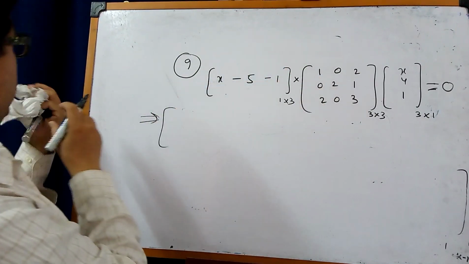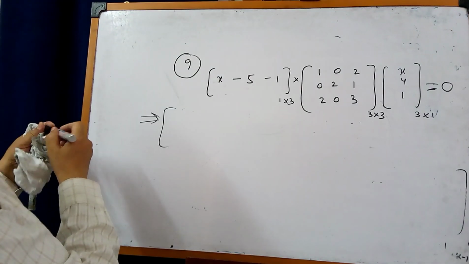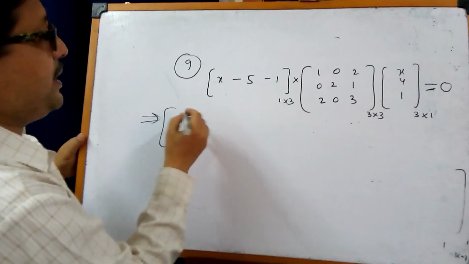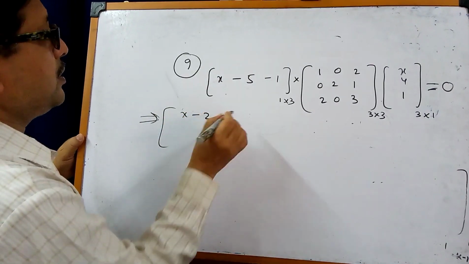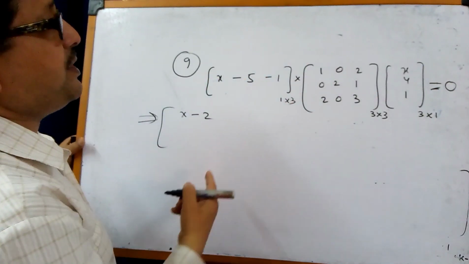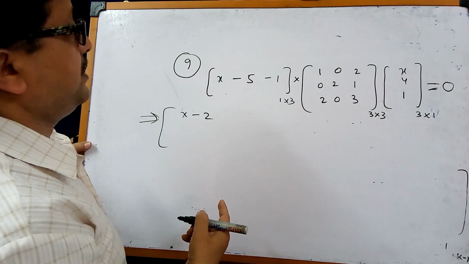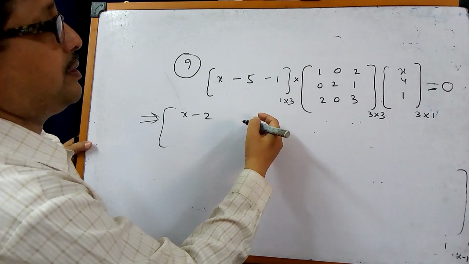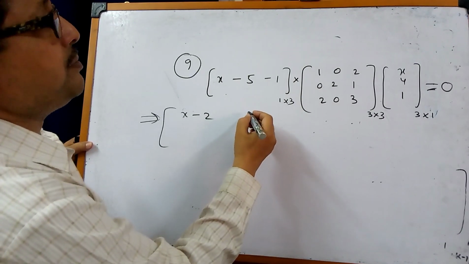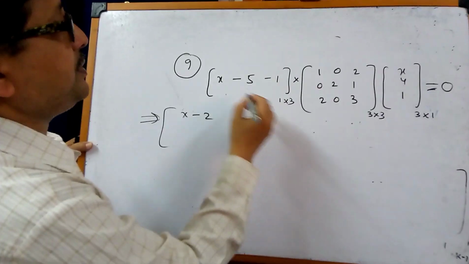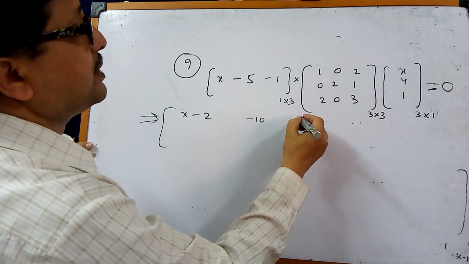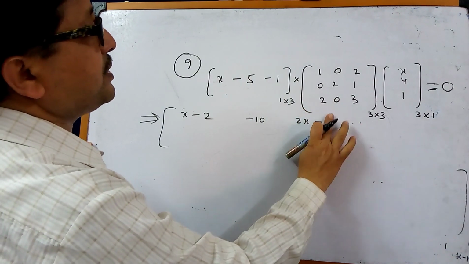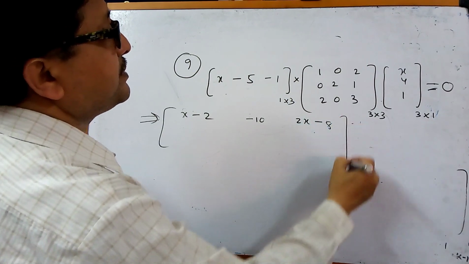If you do row by column, this is going to be x, 0, minus 2, that is x minus 2. This by this, it will give you 0 minus 10, minus 10 only. Then this by this, 2x minus 5 minus 3, 2x minus 8.